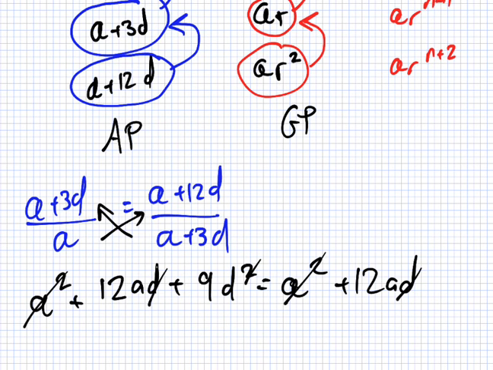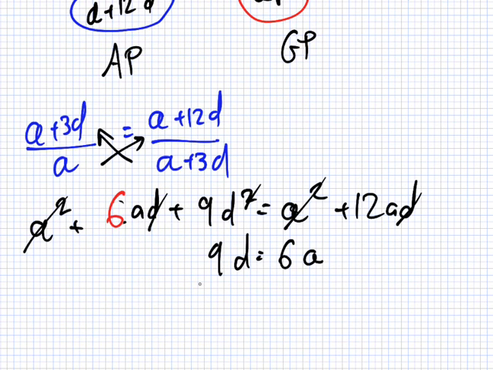Which one in the middle here? Thank you. It should be 6. So we got here 9D equals 6A. Keep that on the left and bring the 6A to the right. So we have D equals 2 over 3 A. Or if you want to write it the other way, A equals 3 over 2 D. It depends how we use it later.